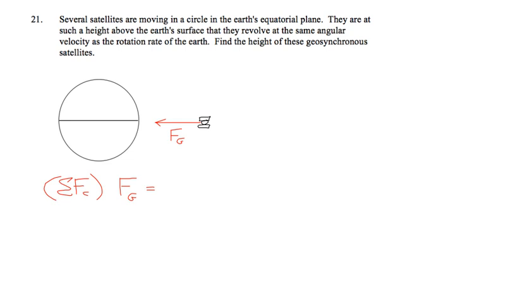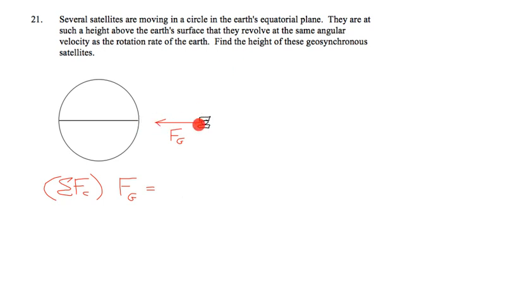So whenever you're writing your descriptive equation, it's always F equals ma. So there's the F, and I want to write ma over here. Well, I want to write it in the form that's going to be useful to the solution of this problem. And in the problem, we're actually looking for the height above the Earth's surface that these satellites revolve. So we're looking for the distance from here to there.